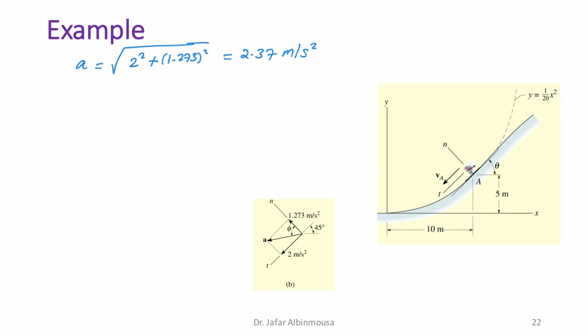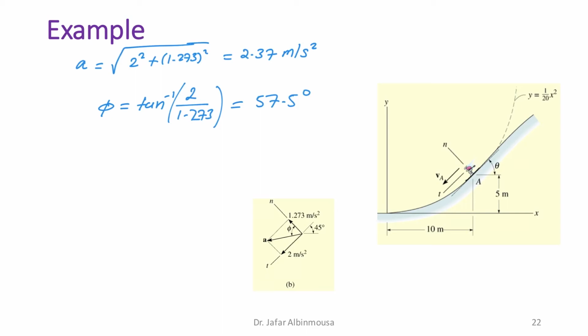Now, to find the direction, which is the angle phi shown over here, we need to calculate it as follows. Phi equals tan inverse of 2 divided by 1.273, which is going to give you 57.5 degrees. So let's look at this angle carefully on this diagram.